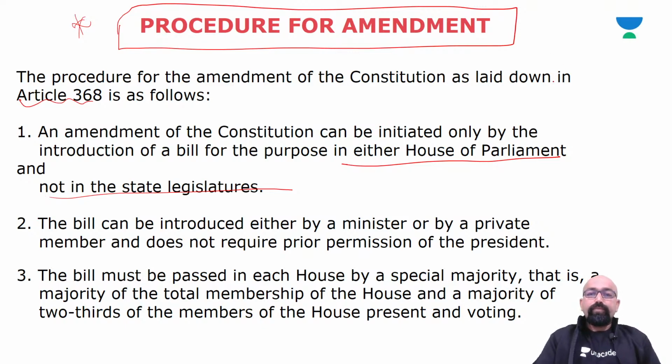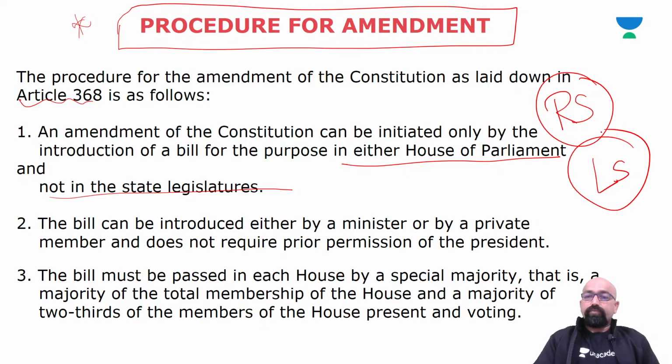So just remember here, for an amendment of any provision or article of the Constitution, the amendment bill, that is the introduction of that particular bill, is presented in either house of the Parliament, that is Rajya Sabha or Lok Sabha, but not in any state legislature.